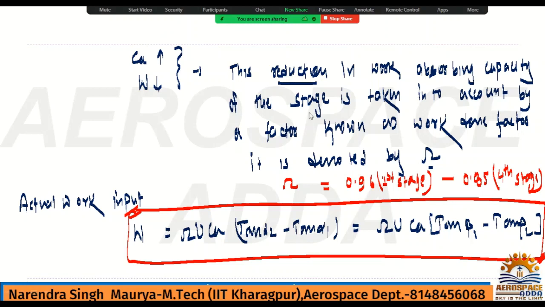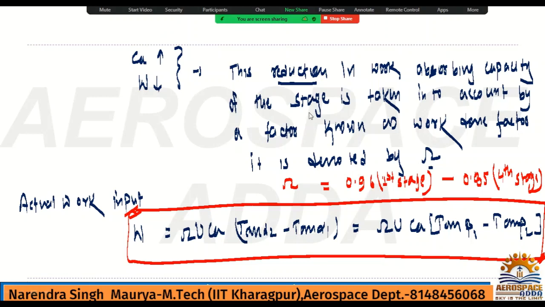But if you have assumed it is ideal, then we are considering there is no viscosity. If there is no viscosity, then there is no boundary layer formation. If there is no formation of boundary layer, then CA, which is axial velocity, will be constant from the first stage to the fourth stage, or you can say from the first to the last stage. CA will be constant if there is no formation of boundary layer.